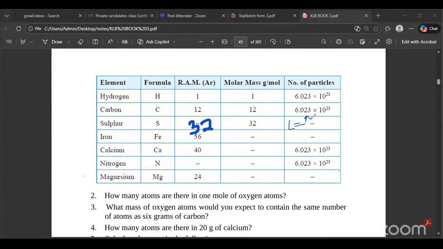Now, let us continue. So this one again is 56. So what will be the molar mass? We can just solve all of it and then we see. Now we do another calculation.